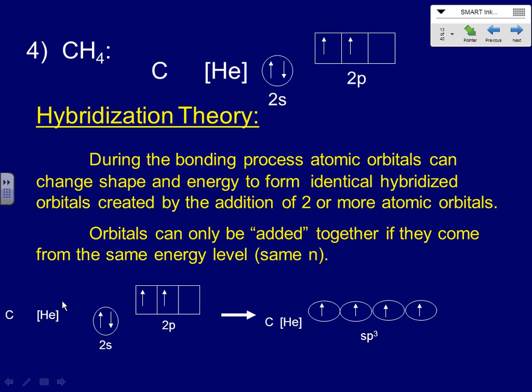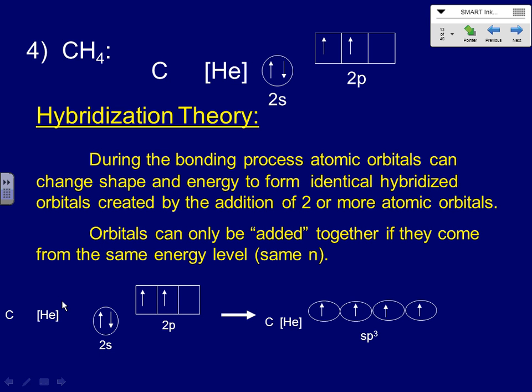So if those lone electrons were to form bonds, the angles between the bonds should be 90 degrees, and they're not. When chemists look at the angles, they see this tetrahedron structure, and the angles are all exactly 109.5 degrees.